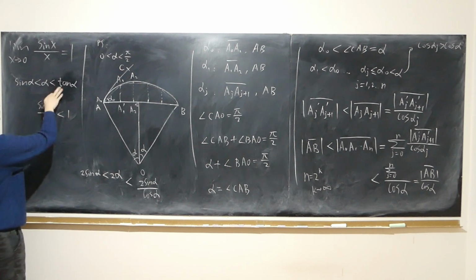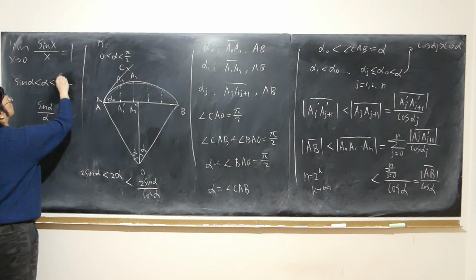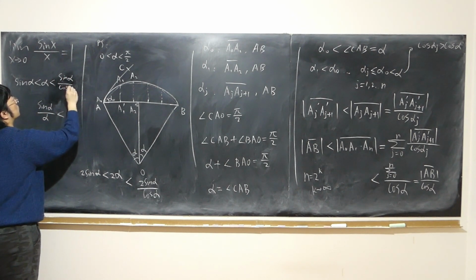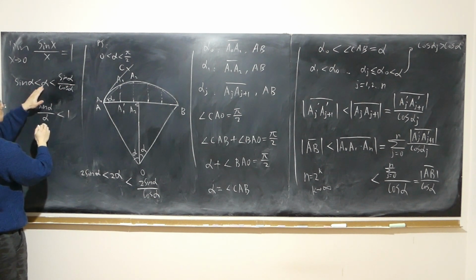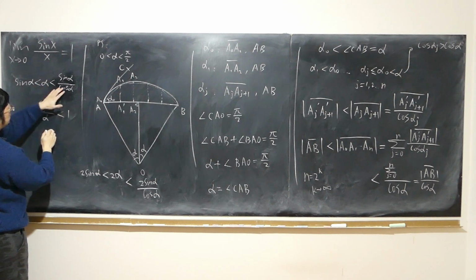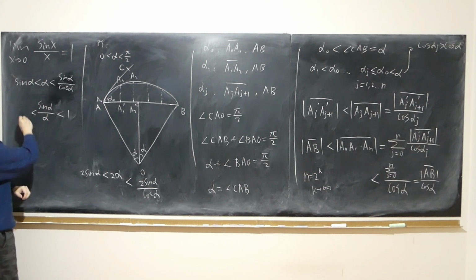Right? So tangent, let me just rewrite tangent alpha into sine alpha over cosine alpha. It'll be more useful. Right? So divide this alpha down here. Multiply this cosine over there. So bigger than cosine.